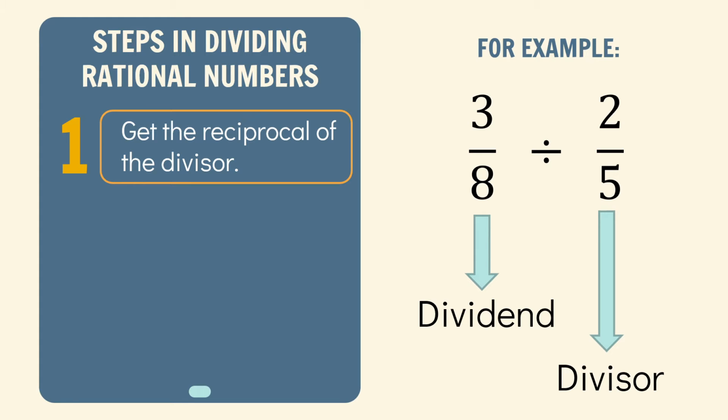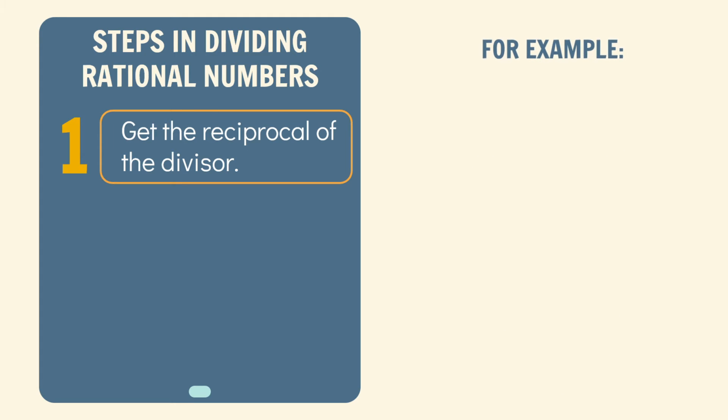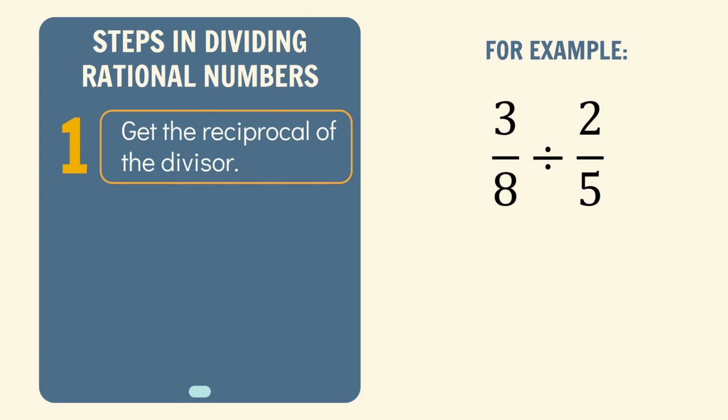So now that we know the divisor in this equation, we will get the reciprocal of 2 over 5, in which reciprocal is the flipping of the numerator and the denominator. So in this case, 2 over 5 would be 5 over 2.